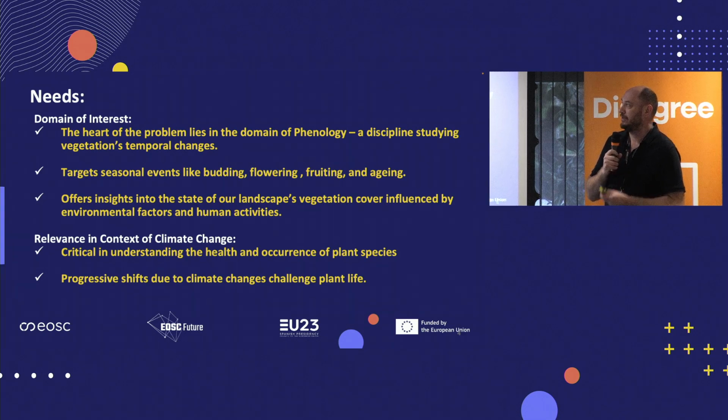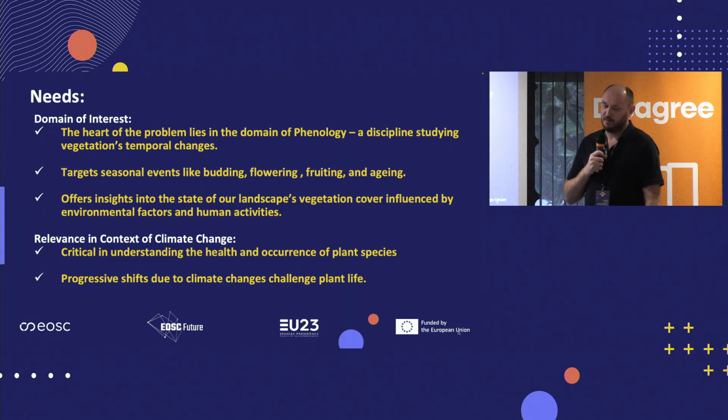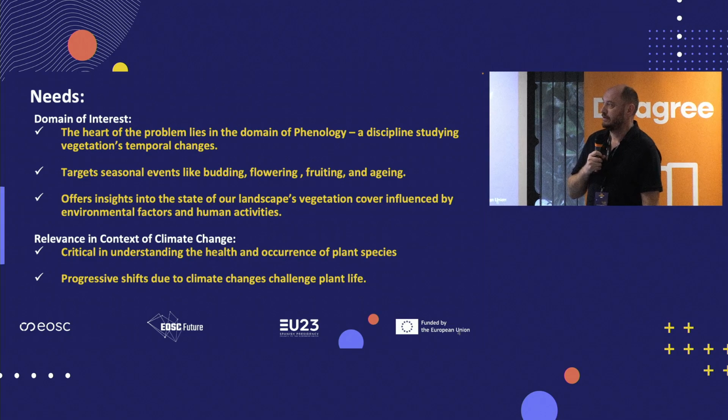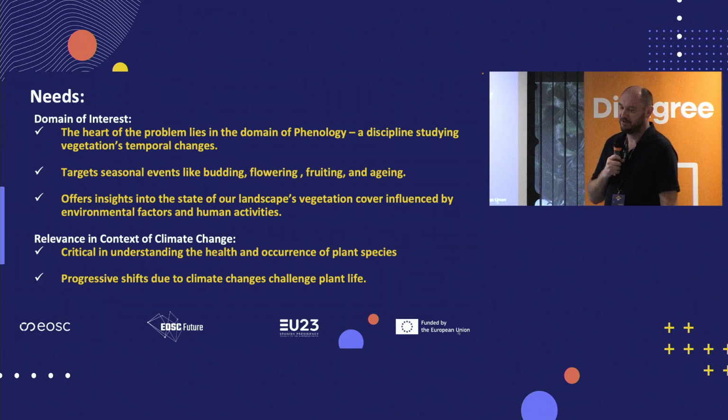And we try to apply AI to these events in an automatic way to support this. So collecting images of flowering parts, fruiting, and some aging stages. Generally it offers insights into the state of our landscapes and vegetation cover influenced by environmental factors and human activities.